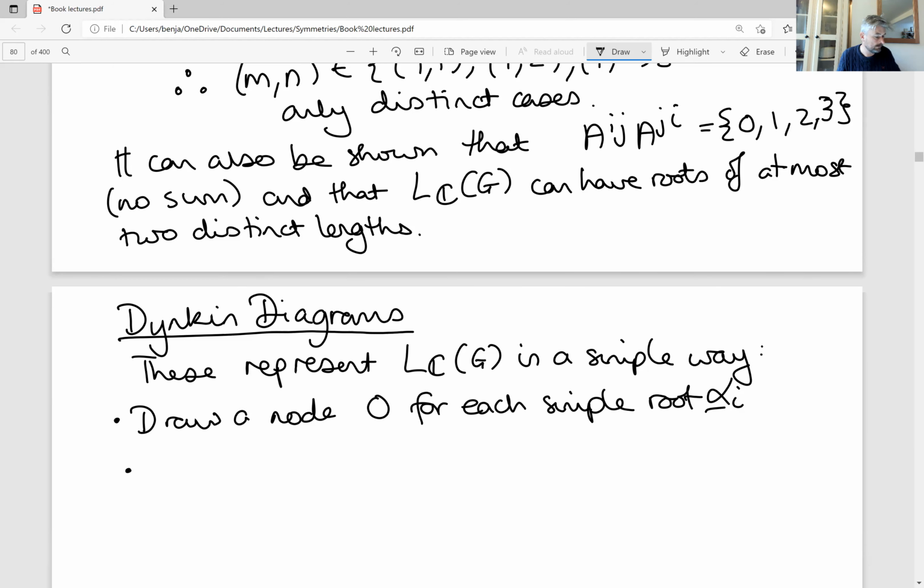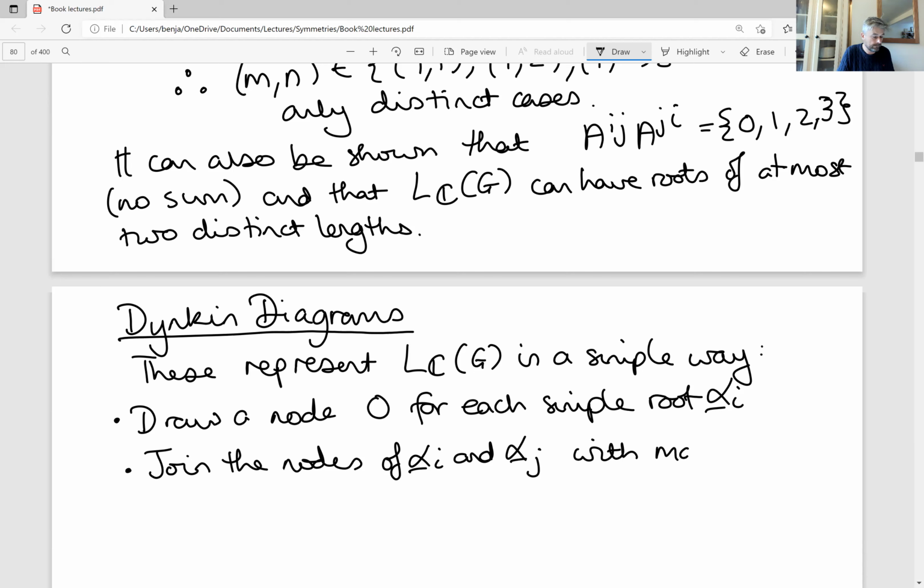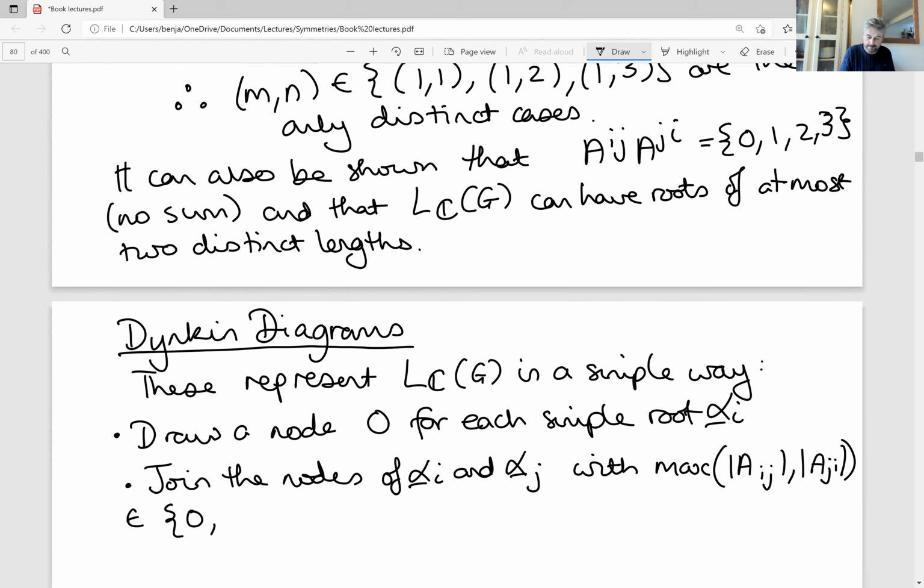And then you join the nodes of alpha_i and alpha_j with the maximum of the modulus of A_ij and the modulus of A_ji. So remember, we said above that you can show that this is going to be 0, 1, 2, or 3 lines.